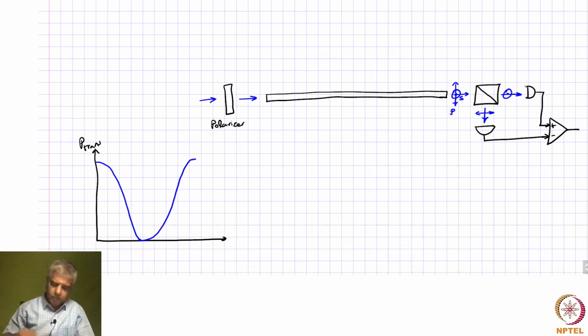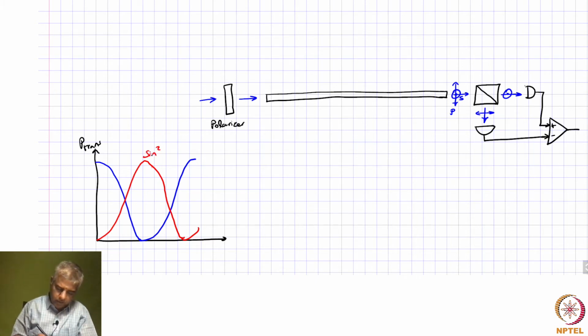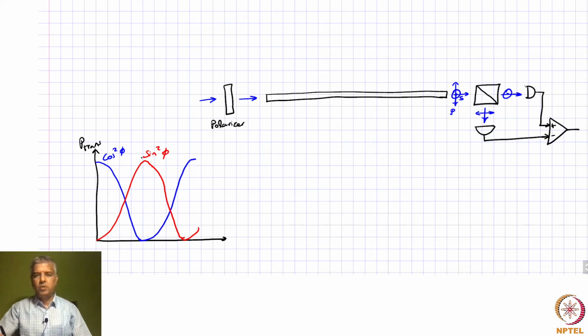But the response that you get from the orthogonal port will correspond to a sine square function. So this corresponds to a sine square of whatever angle the input polarization component has with respect to the perpendicular angle, and this corresponds to a cos square function.